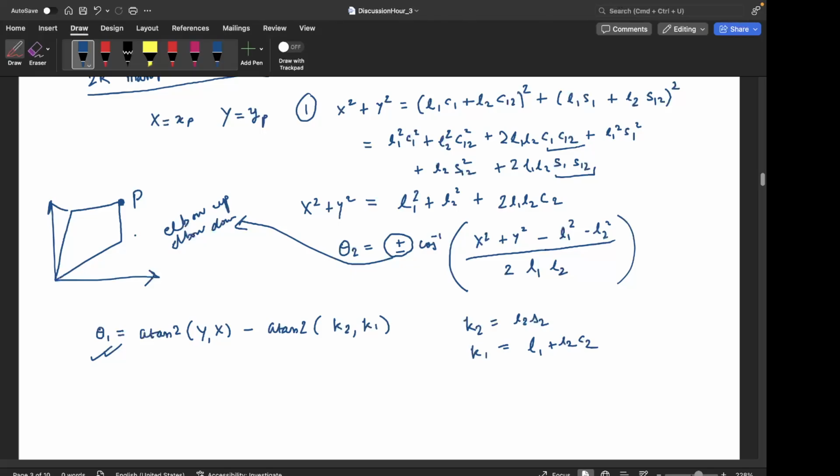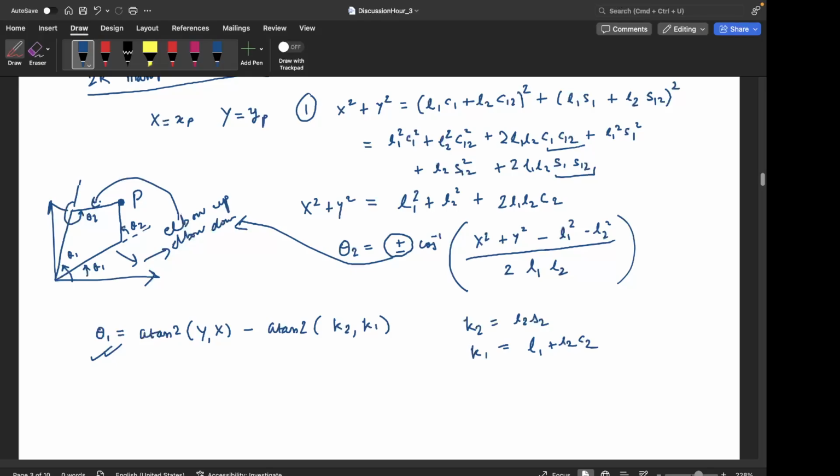This gives different values for theta 1 and theta 2. So we have two solutions. This is elbow down and this is elbow up. Depending on the branch of solution that we choose for theta 2, we will get a different value for theta 1.